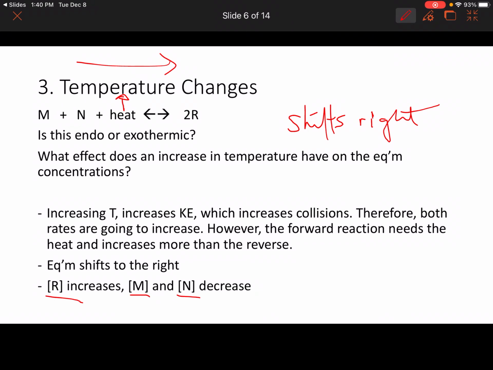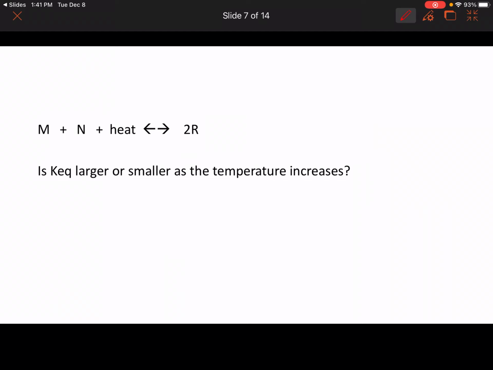Now R is going to increase because you're driving that forward reaction. But one thing that's important to remember is that increasing the temperature increases kinetic energy, which increases collisions. Because of that, both rates are actually going to increase here. However, the forward reaction is going to increase more, so that's going to be the dominant force here.